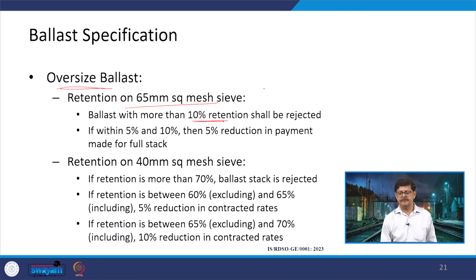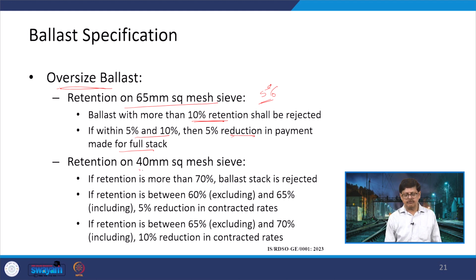We talked about 5% there. So, if it is more than 10%, reject that. If it is between 5 and 10%, then a 5% reduction in the payment is made for the full stack which has been received. So, this is how as an engineer at a site you are going to take decisions.